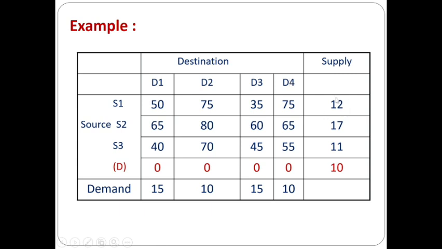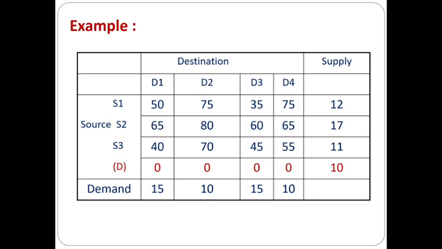If we sum up the supply, the total is 40, right? If we sum the demand, it will be 50. So total supply is 40 and the demand is 50. So it is not balanced.